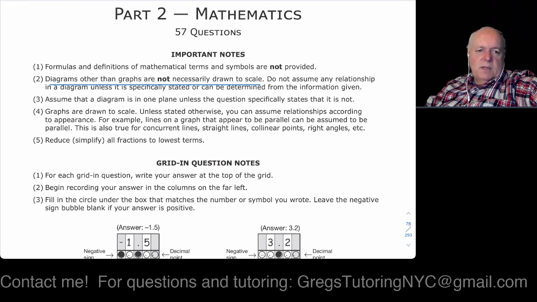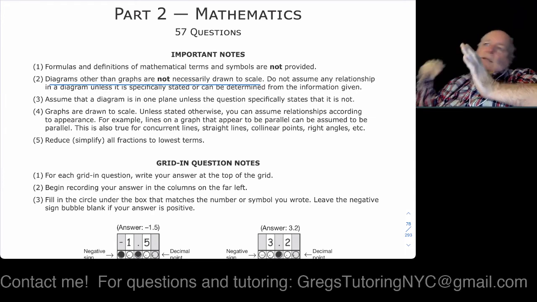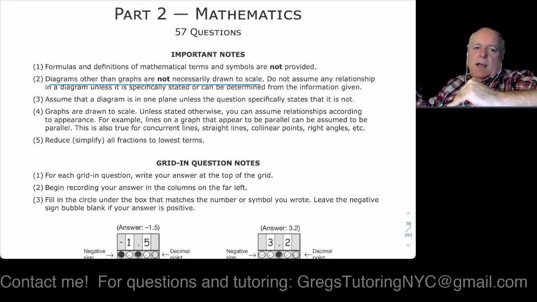That basically means that the only things drawn to scale are an XY grid, and, attendant to that, a number line, unless a question tells you, or gives you information to decide that it is to scale.